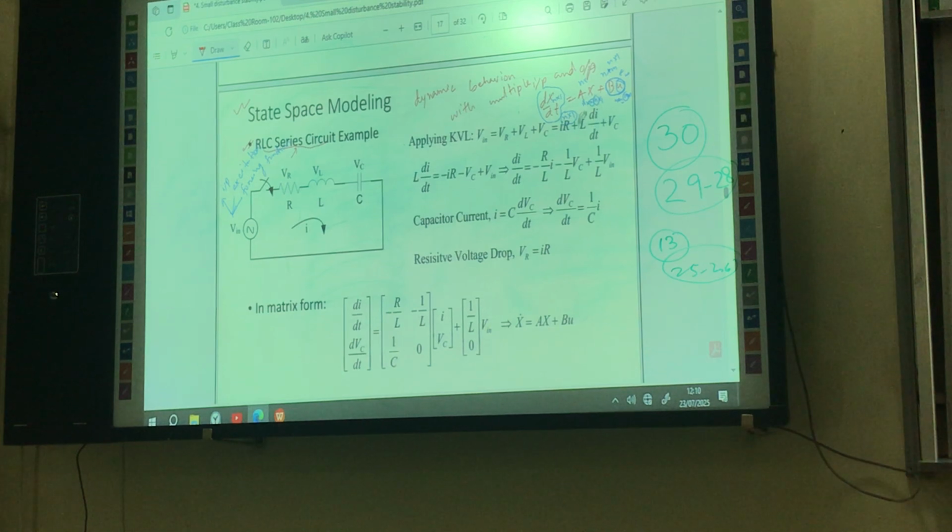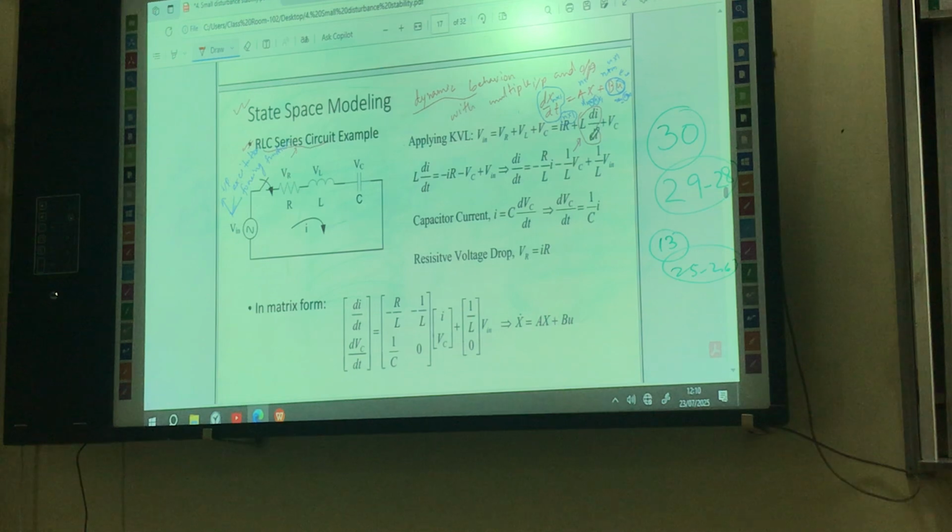There is one interesting point here. We are studying the dynamic behavior of the system. Whenever someone asks you about VL, your brain by default answers that it will be L di by dt.